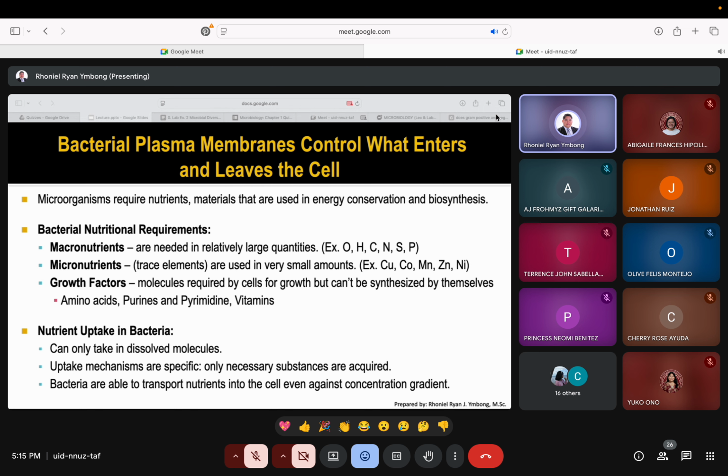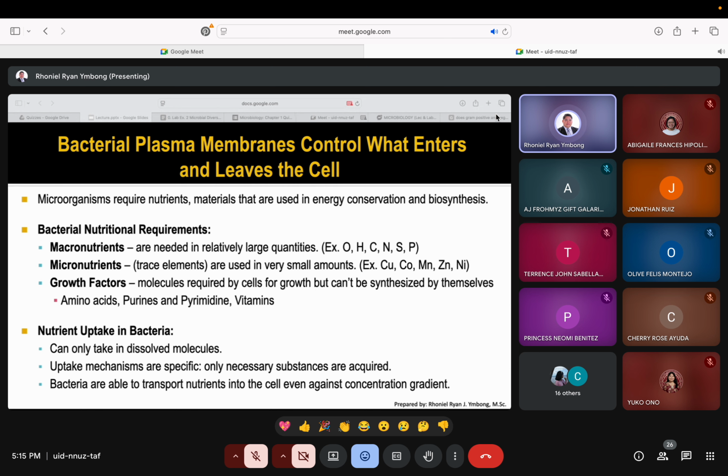So eventually all of these are macronutrients for both prokaryotic and eukaryotic cell. You also have what we call the micronutrients, no, or the trace elements that are needed in your bacterial cells in very small or tiny amount. No? So, example for these micronutrients, you have copper, cobalt, manganese, zinc, and nickel.